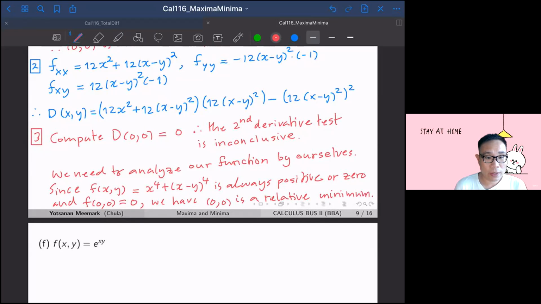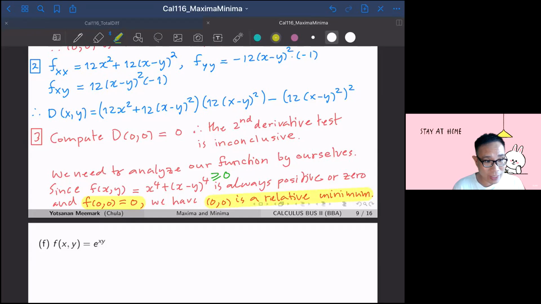We can conclude that this is a relative minimum because f(x,y) is always greater than or equal to 0, and f(0,0) is the lowest one. So in this case, (0,0) is the relative minimum for this function. This is how we are going to conclude.